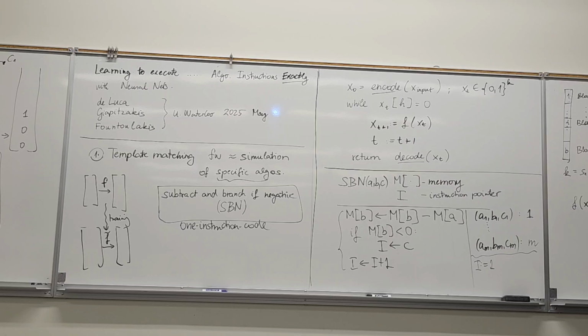It's not that I'm setting the weights of the neural network by hand. There were constructive ways of setting the weights so that they implement the functions you want. That was done already in the 80s, this representation theory.